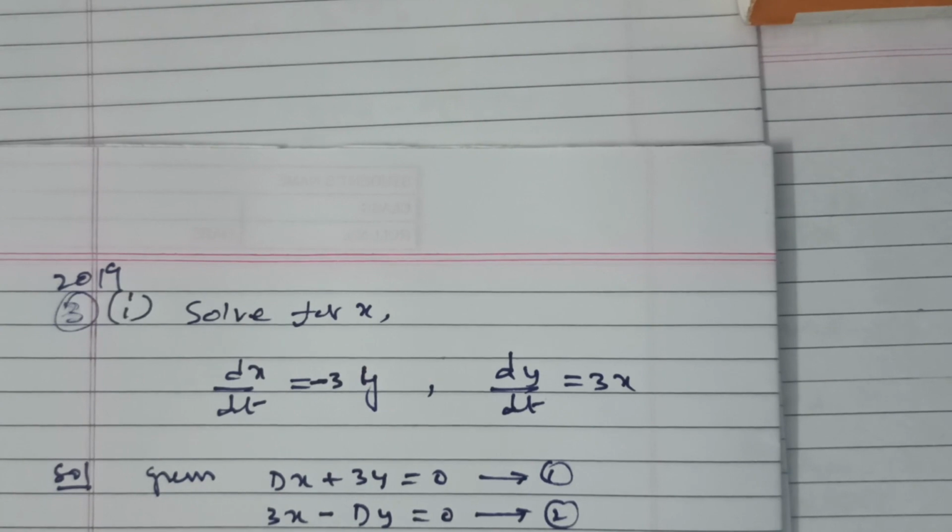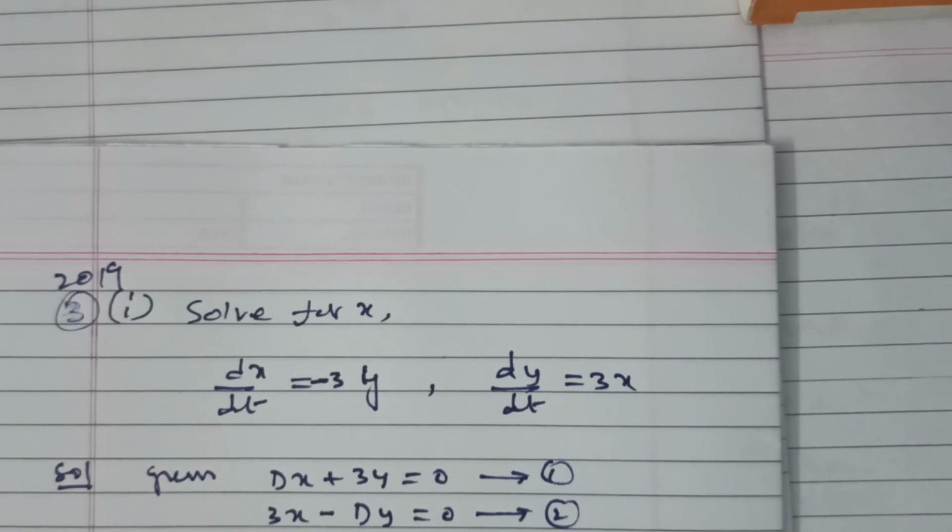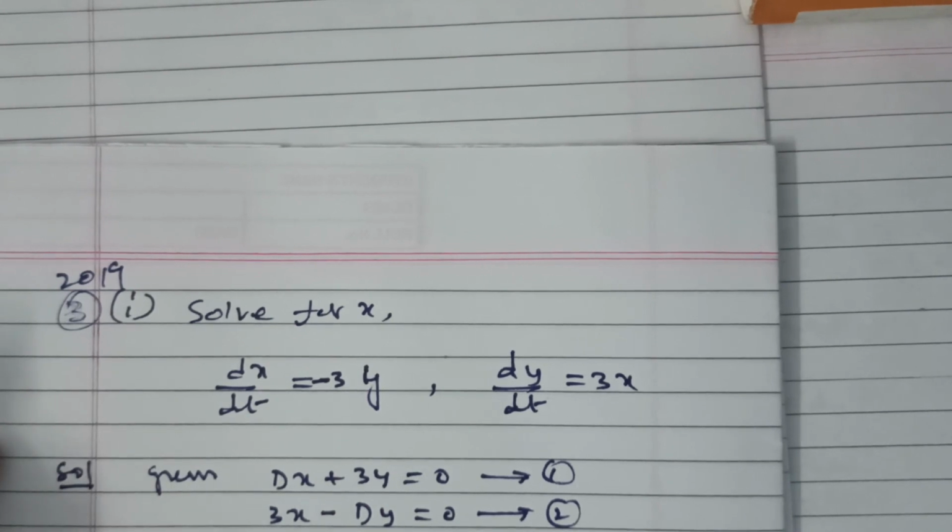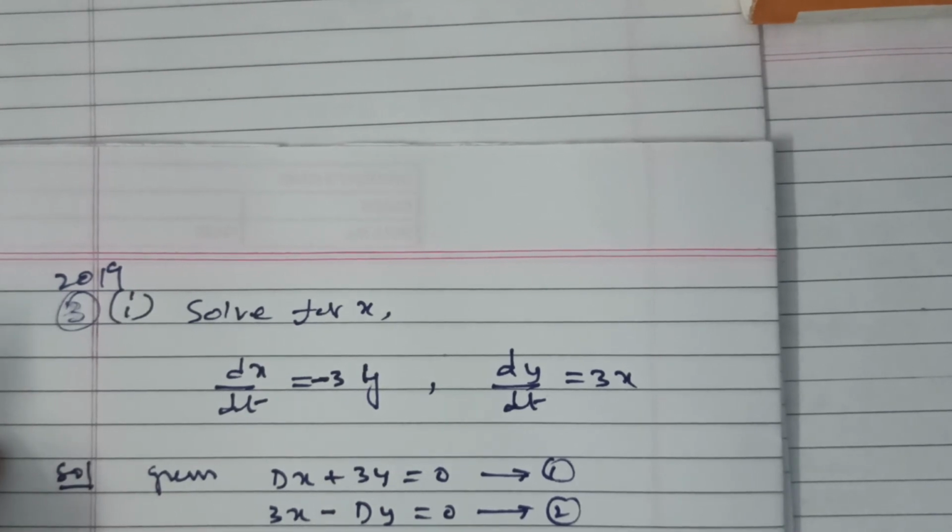The second equation, multiply by 3, is equal to 9x minus 3Dy is equal to 0. To eliminate y, we have opposite signs, so simply add.